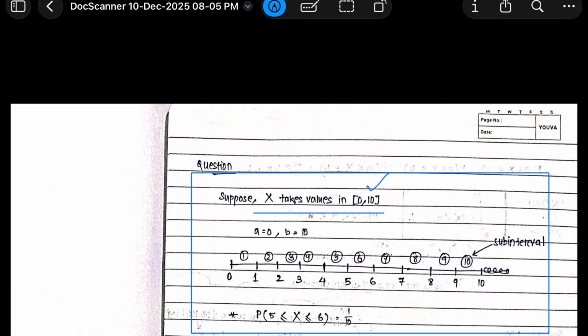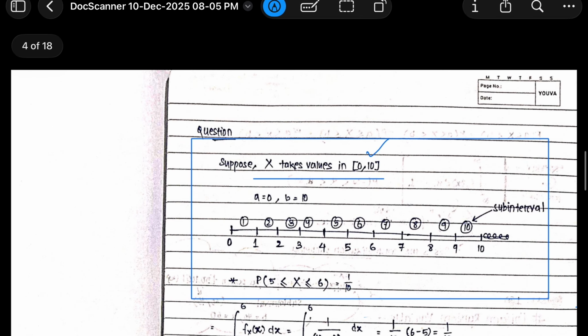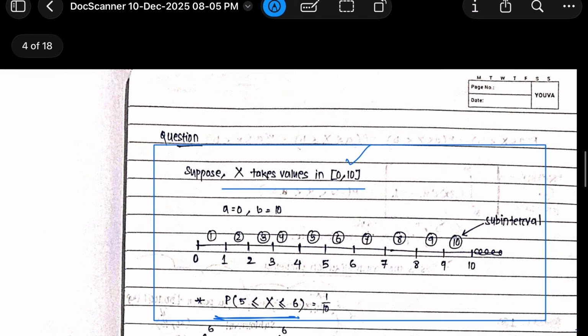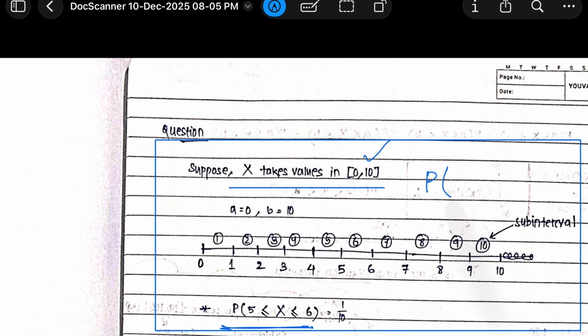You need to find the probability of the subinterval, and the answer is also given here. Probability of 5. So continue.